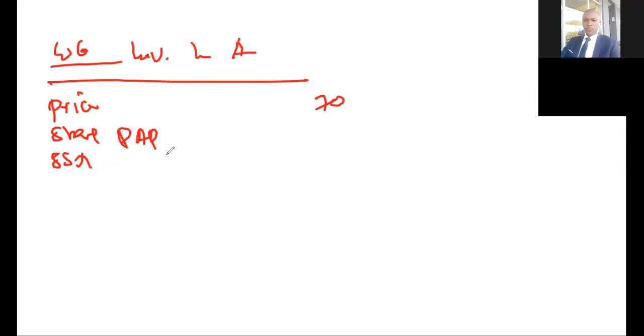Okay, investment in associate, you've got 70, then we've got the share of post-acquisition retained reserve. That was our working number 4. We worked it out, it was 73 multiplied by 40%, which was 29.2.